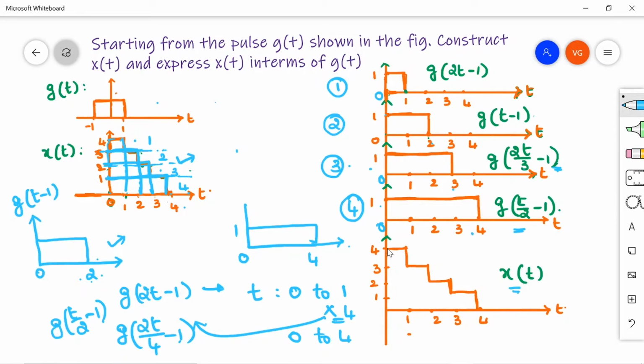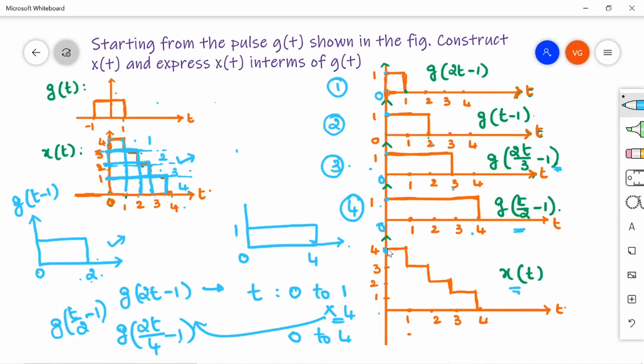To get my x of t, I have to add all these signals in terms of g here. So if I add it up, at t equal to 0, from layer 1 I have an amplitude of 1. At layer 2, 1. Layer 3, at t equal to 0, 1. At layer 4 also 1. So 1 plus 1 plus 1 plus 1, 4.